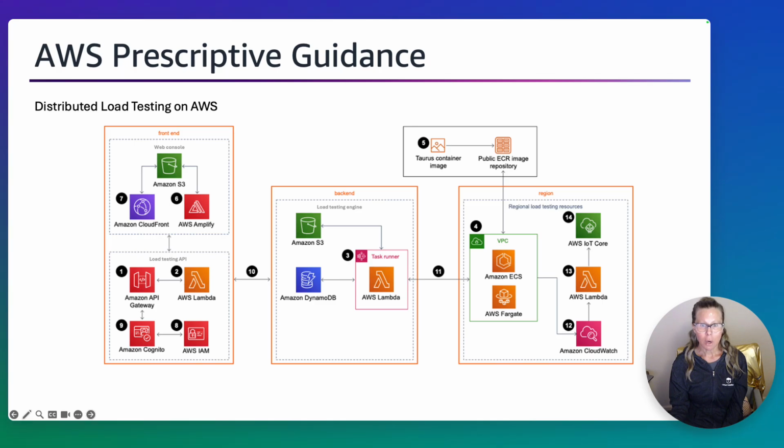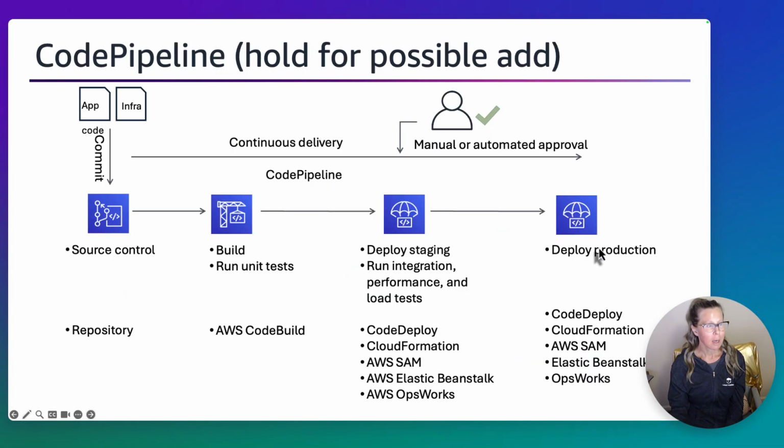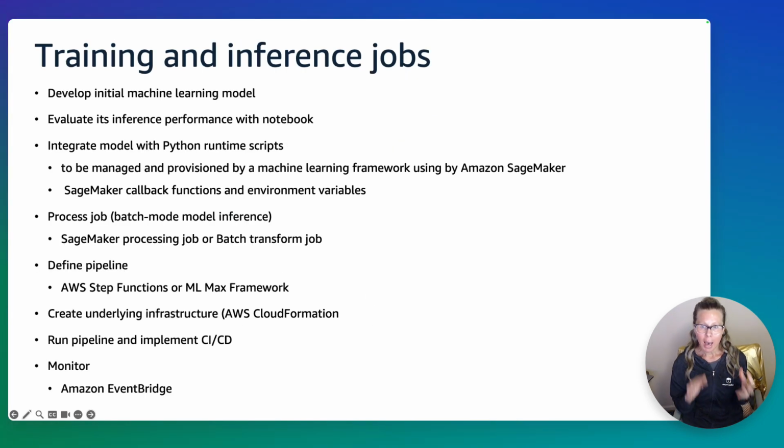For running load stress tests, performance benchmarking, and application testing at scale, check out the AWS prescriptive guidance for load testing applications. Let's wrap up this task statement and talk about how to configure training and inference jobs in your CI/CD pipelines.